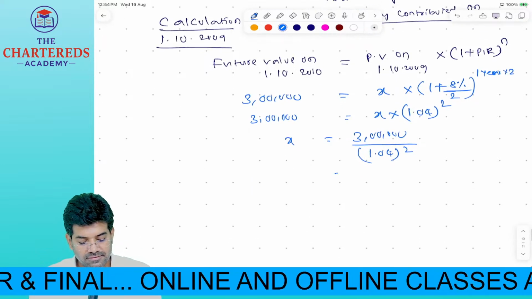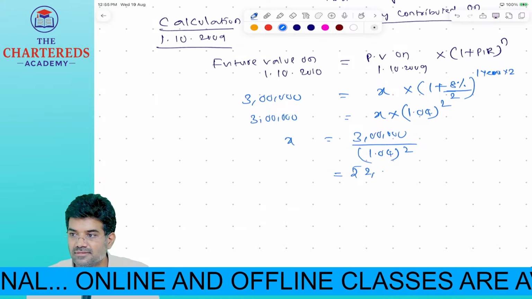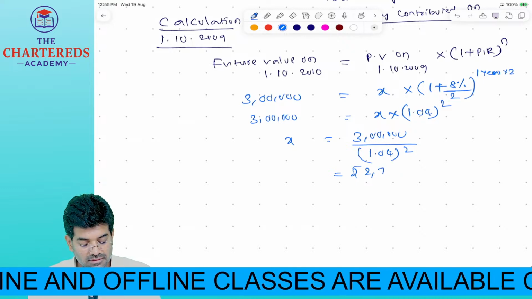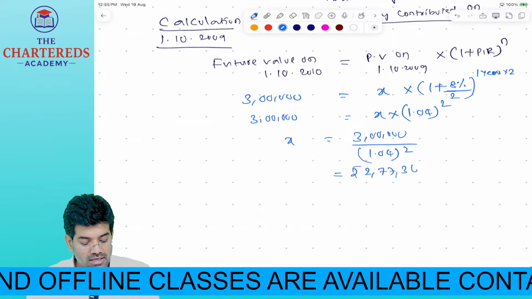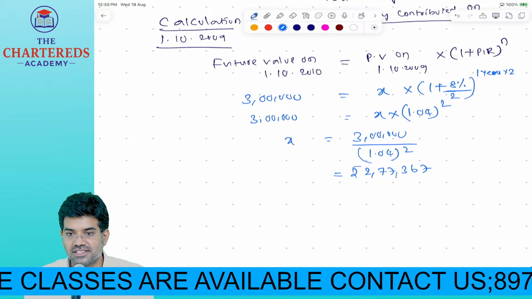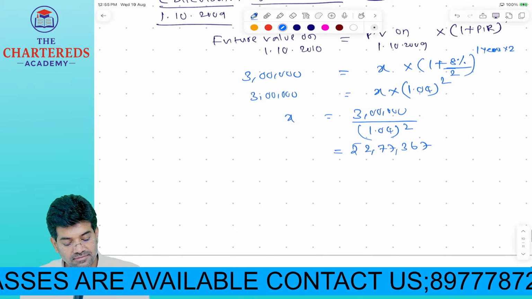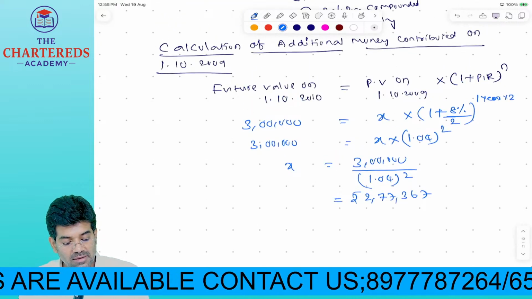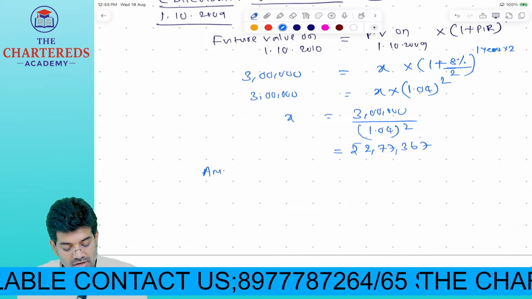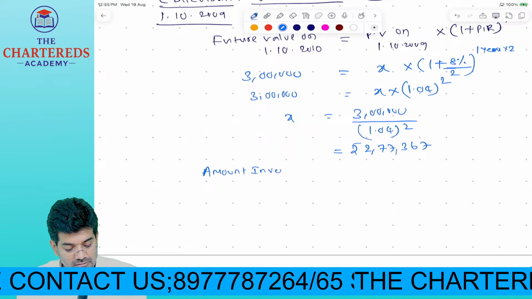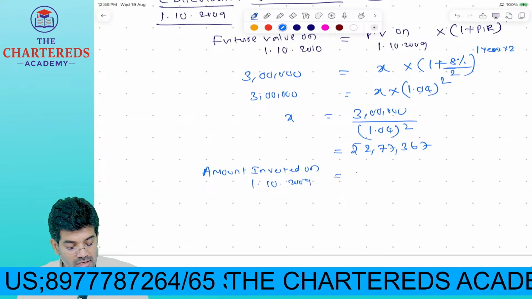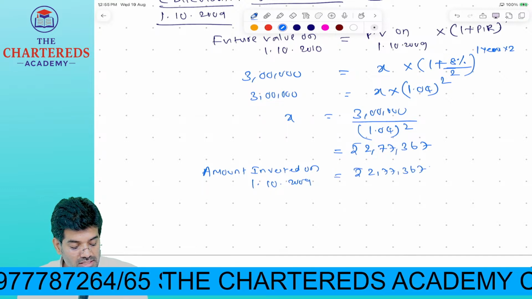Tell me the value. 2 lakhs 36,000 367. That is your present value. This is the use of the calculator, to save time. Now we know the present value, the amount invested on 1st October 2009, is 2,77,367.